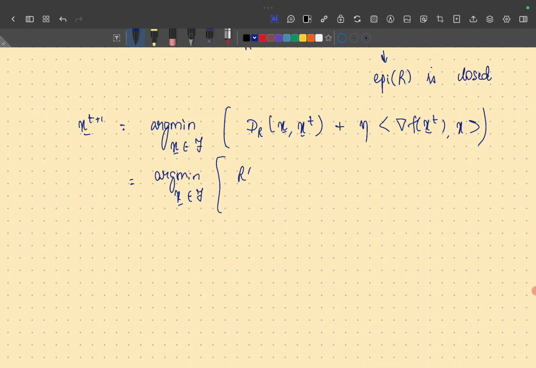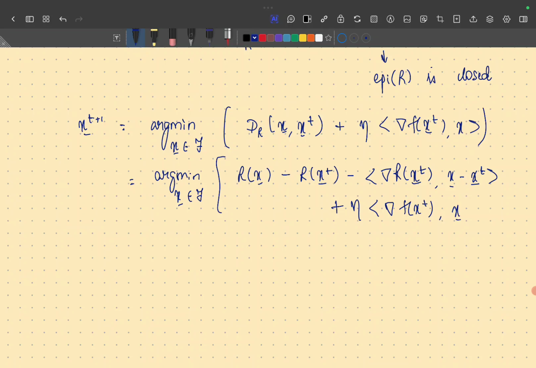R of x minus R of xt minus the dot product between gradient R of xt and x minus xt. That's the Bregman divergence dr of x, xt, plus eta times the gradient of f of xt and x.